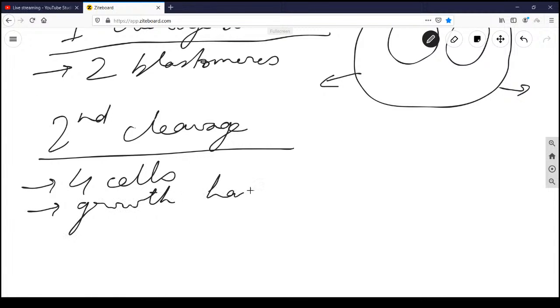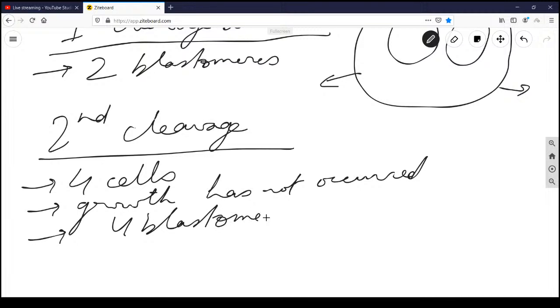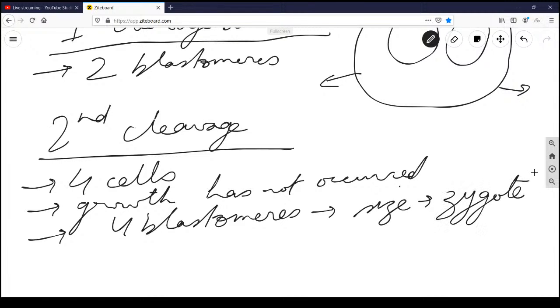That is the problem. Now you have four blastomeres which are about the same size as the original zygote. So that is your second cleavage division.